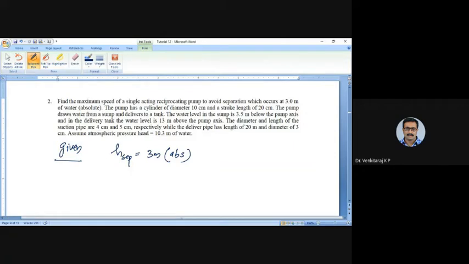Then the pump has a cylinder and diameter of the cylinder is 10 centimeter and the stroke length 20 centimeter. Then water level in the sump is 3.5 meter below the pump axis. So the distance between the water surface and the pump axis is 3.5 meter, means it is suction head. So we have HS as equal to 3.5 meter.